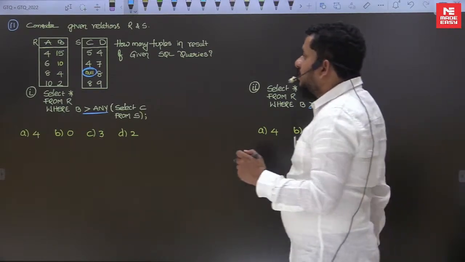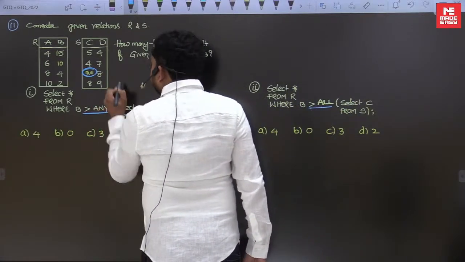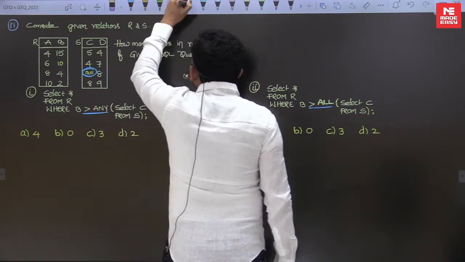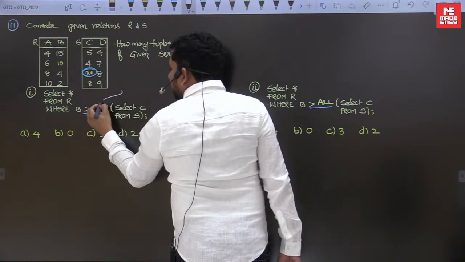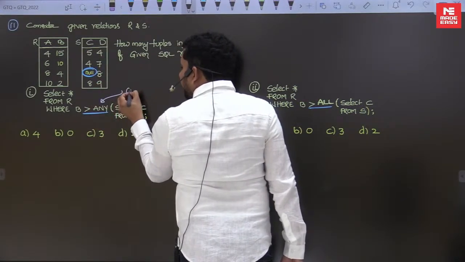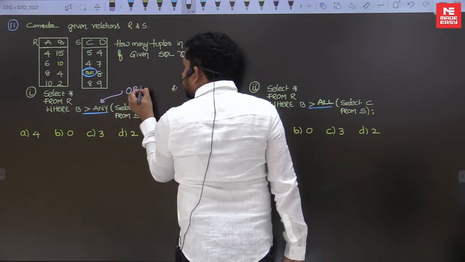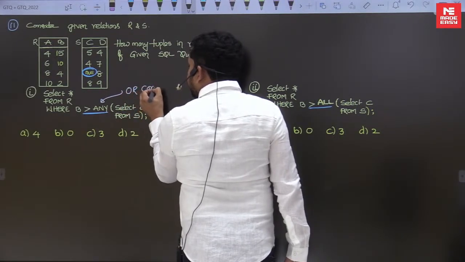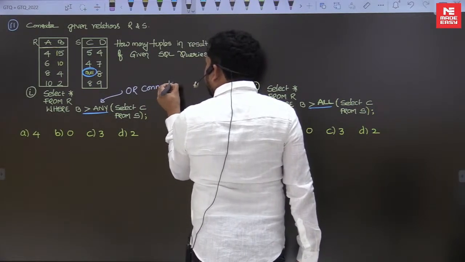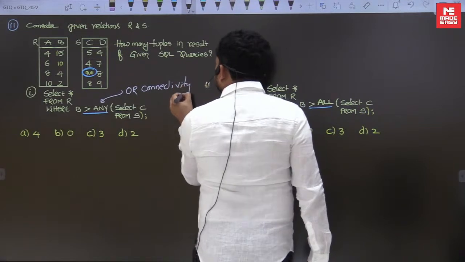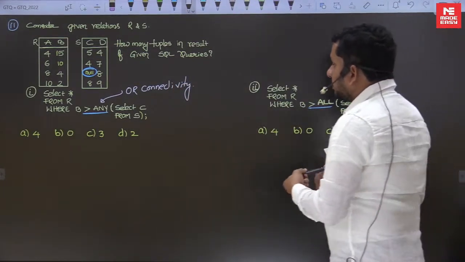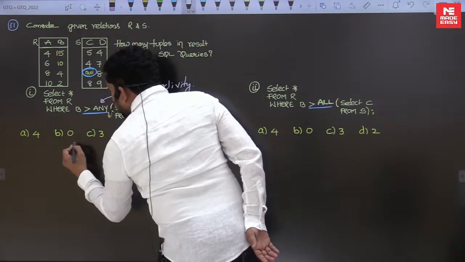Yeah. So let's see this one. Any function, R connectivity, okay, R connectivity for all the values of inner query result. So it behaves like this.